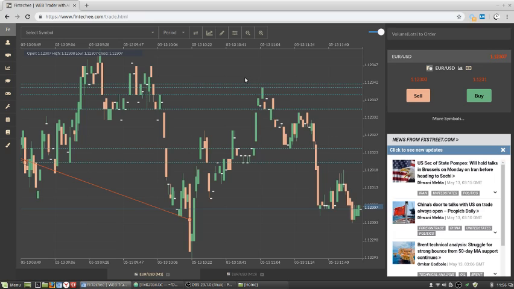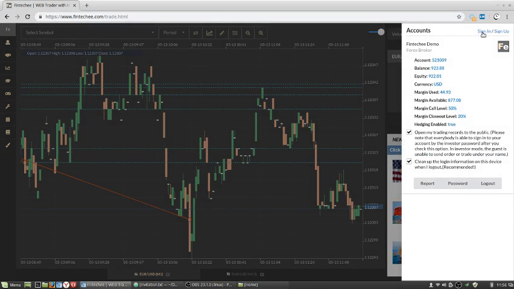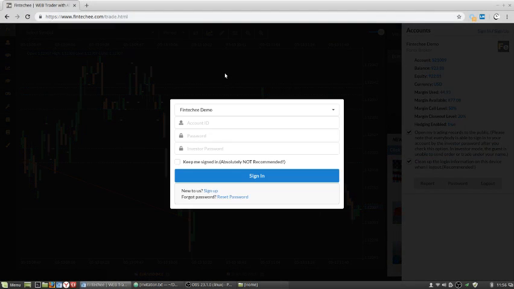Other trading platforms don't support these conditions. In our trading platform, the Fintechee trading platform template, we provide these kinds of functions. You can sign into different accounts under different brokers at the same time.